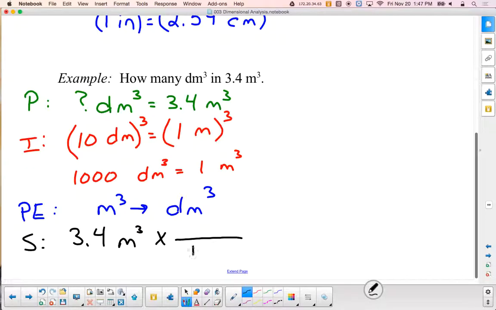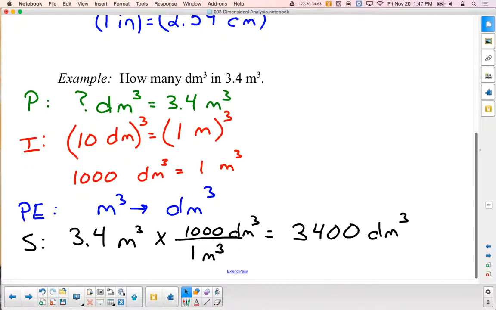Put meters cubed on the bottom so it cancels. 1,000 decimeters cubed on the top. That's 3,400 cubic decimeters. That's it for squareds and cubes. Nothing has changed except that I need to either square or cube my conversion factor before going through with dimensional analysis. So is a decimeter a tenth of a meter? A decimeter is a tenth of a meter, yeah.